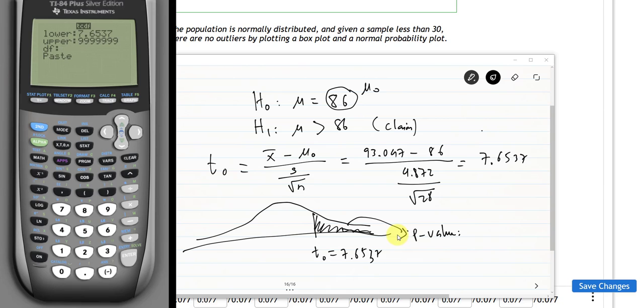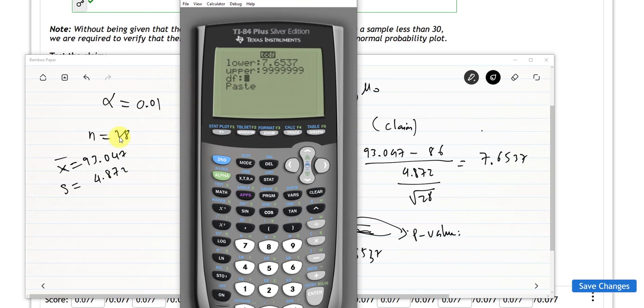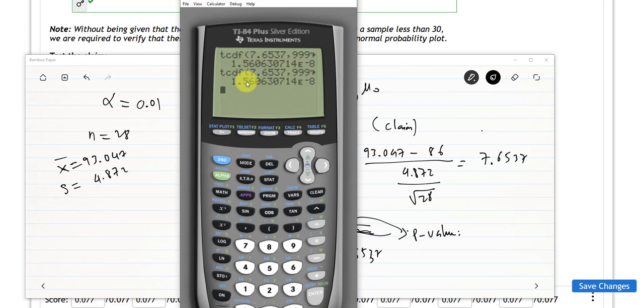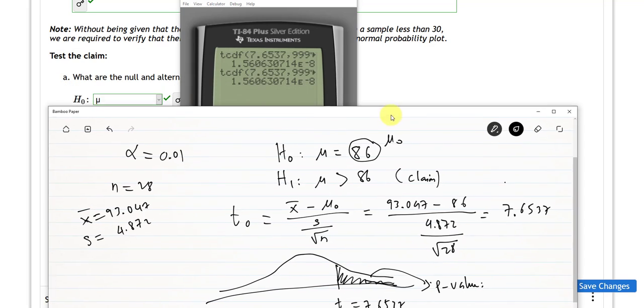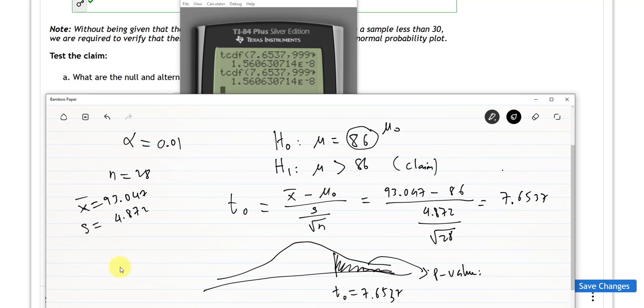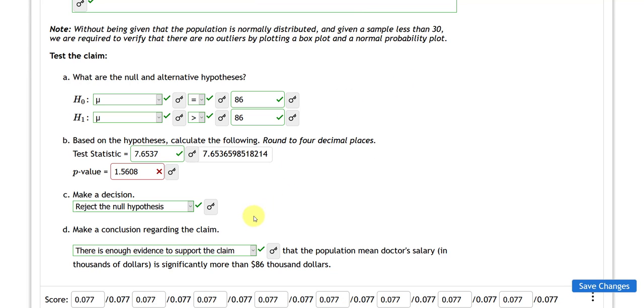The degrees of freedom is n minus 1. We have sample size 28 minus 1, so 27, and then you are going to get the p-value of 1.56 times 10 to the negative 8. It's extremely small.